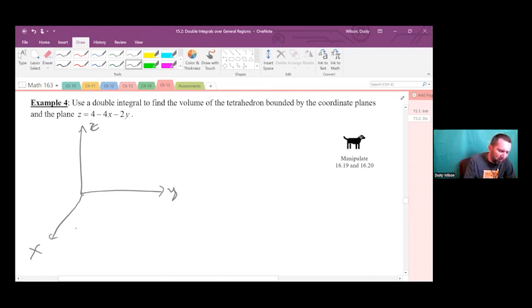And if we let x and y equal 0, x equals y equals 0, then you can see that z would equal 4. That would be a point on the surface. And if you let your x and your z equal 0, then you'd have 0 equals 4 minus 2y, or y equals 2.